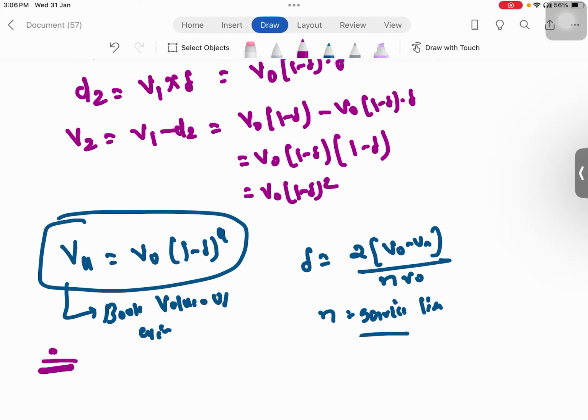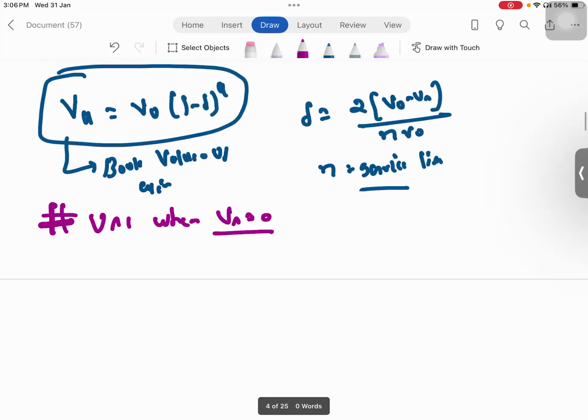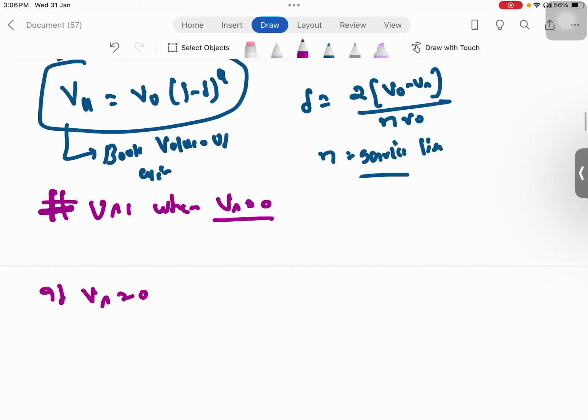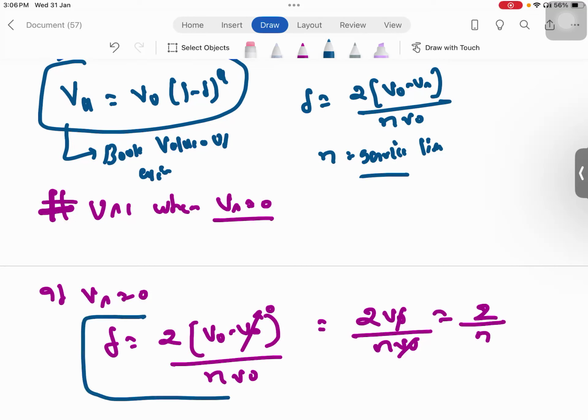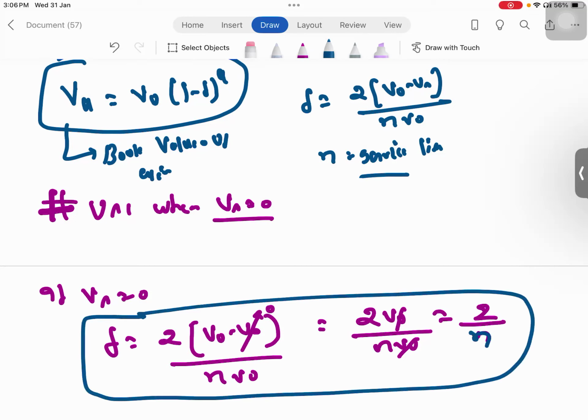When Vs is 0, your percentage fixed factor, that is 2 into V naught minus Vs divided by N V naught, becomes 2 V naught by N V naught, that is equal to 2 by N. So the percentage fixed factor will be 2 by N, and after that you can use the same formula that I told you earlier and calculate the book value of assets.